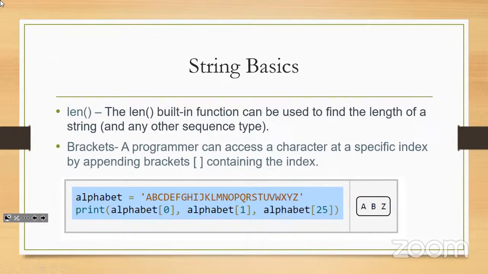This is something that you need to wrap your mind around really firmly at this point. Computer scientists start counting at 0. So the first element in a string is at index 0. 0 is a number for computer scientists.